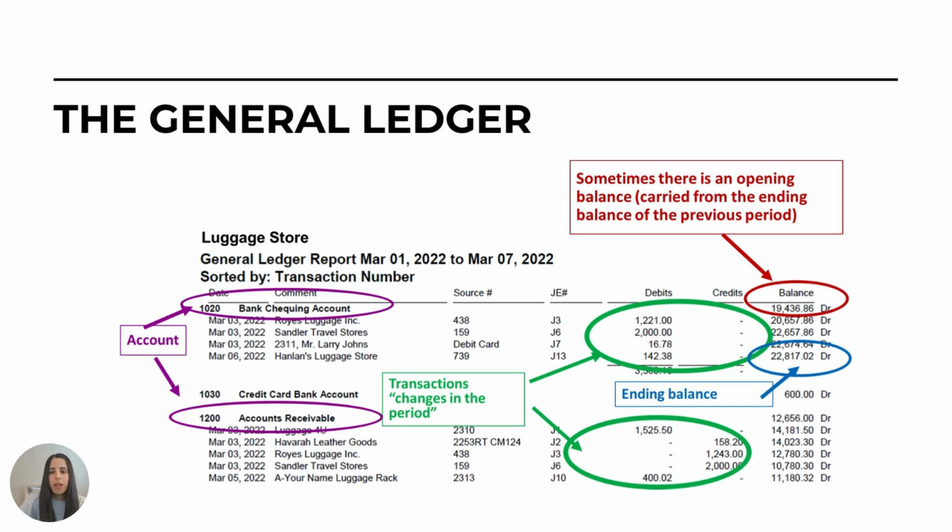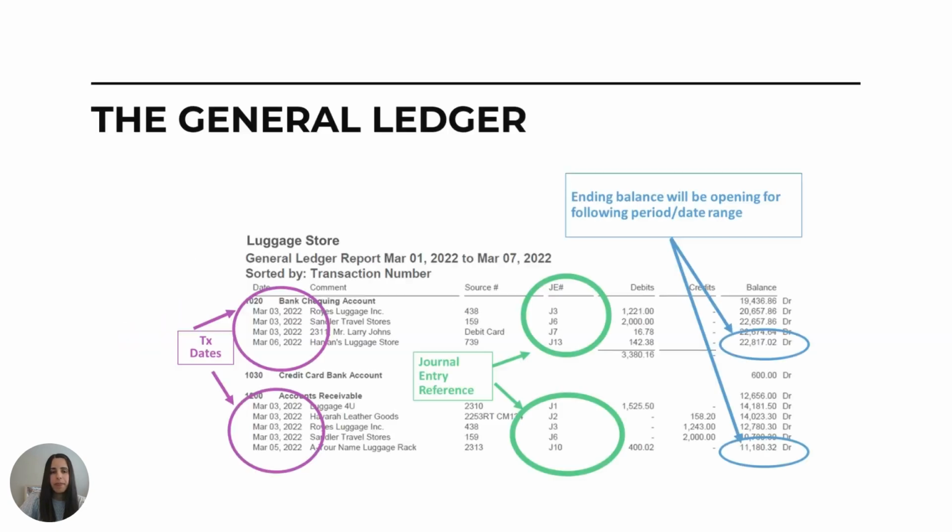Okay, then in red, we will have a balance. Okay, so in this case, we have opening balances that are carried forward from a previous period. And then we'll have an ending balance, which is in blue. Okay, so you can run the report at any given dates, and it will give you an opening and ending balance at any point in time.